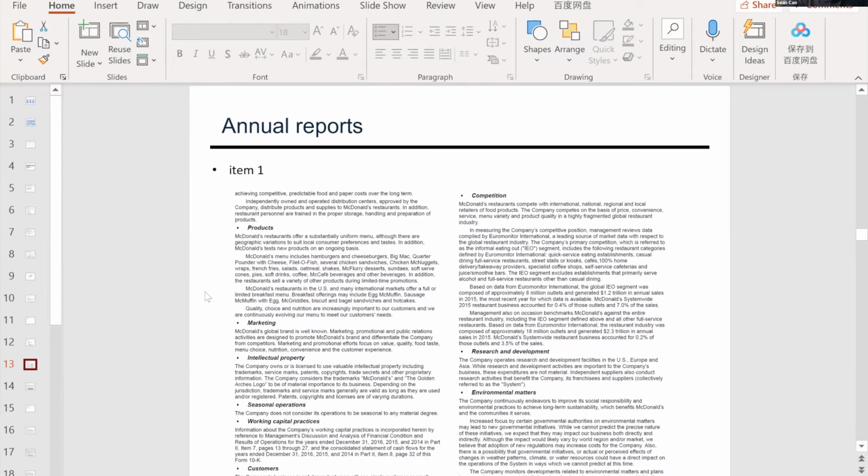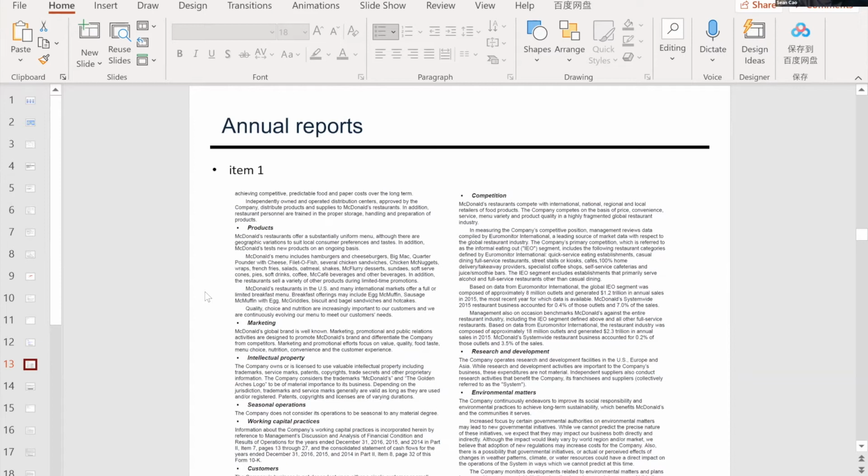So you can see that all the information is about the burgers. You see the burgers, cheeseburger, Big Mac, quarter pounder. Have you guys tried all this? Fillet-o-fish, chicken sandwich, chicken McNuggets, wraps, French fries, salad, oatmeal, shakes, desserts, sundae, soft serve cones, pies.